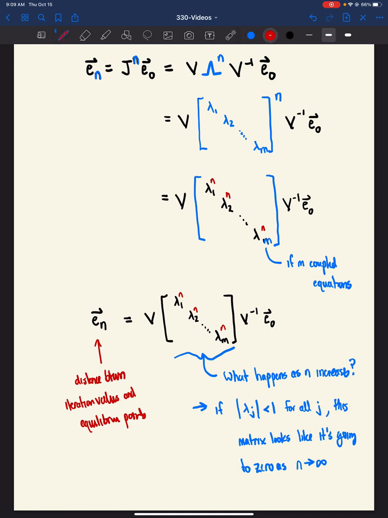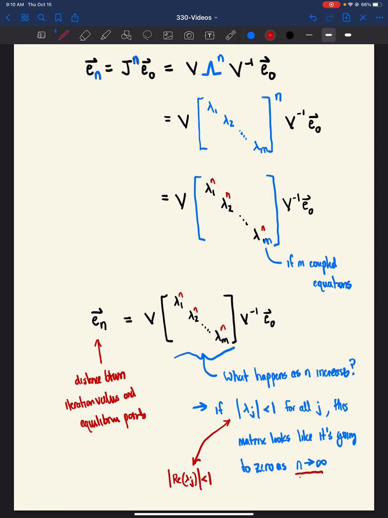And again, just so we're clear, this could be either if that absolute value of each eigenvalue is less than 1, or the absolute value of just the real part of that eigenvalue is less than 1. This will happen. Those eigenvalues raised to the nth power as n gets larger and larger, if either they are less than 1 in absolute value or their real part's less than 1 in absolute value, as we keep raising them to the nth power, they're going to get smaller and smaller.